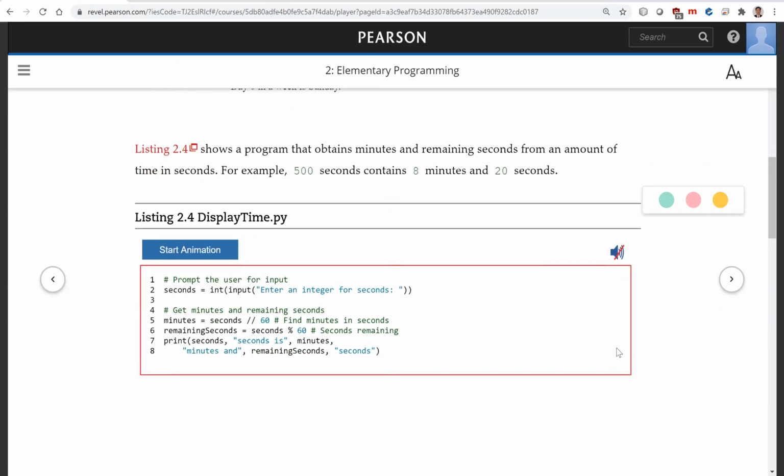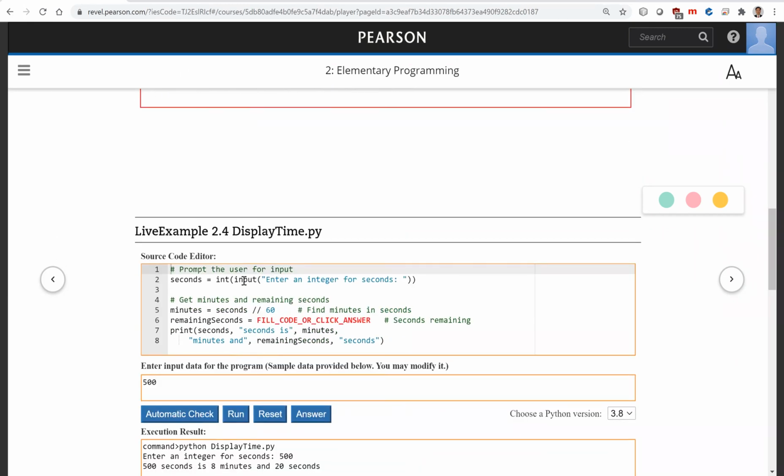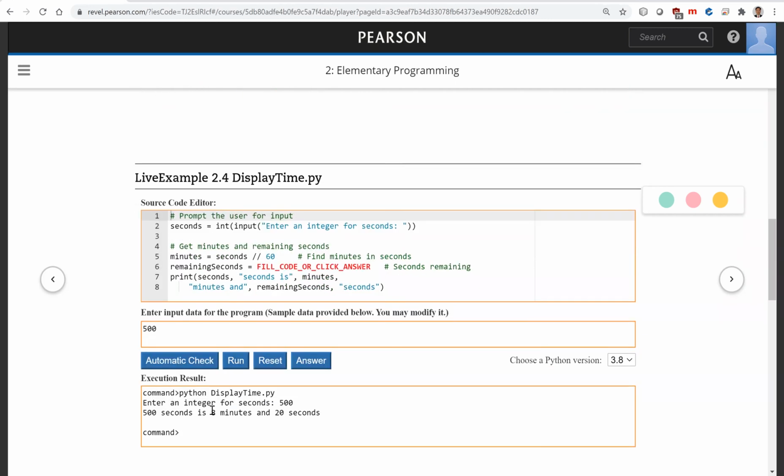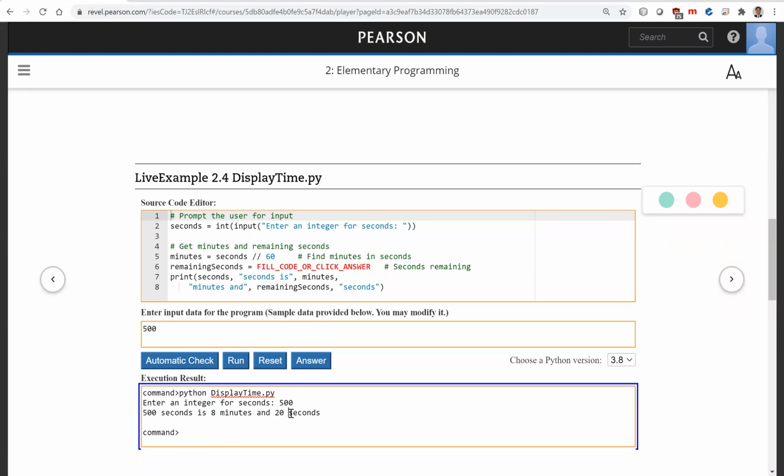So let's write this program here, display time. We're going to prompt the user to input an integer for seconds. Then we're going to display how many minutes are in the seconds. If this is 500 seconds, this is 8 minutes and 20 seconds left. So how do you do this?